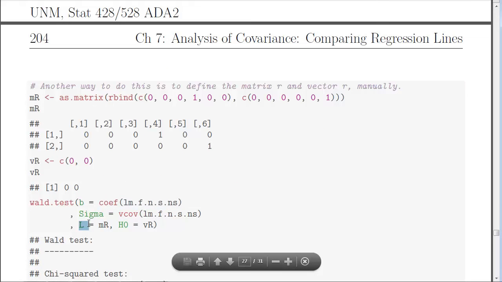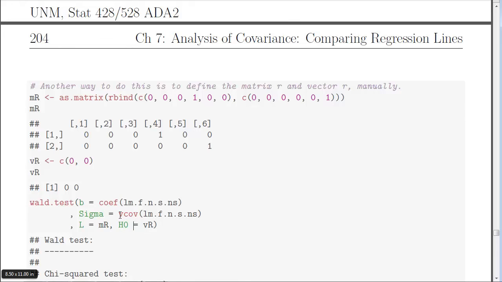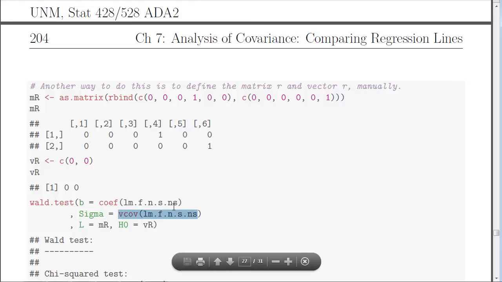So we have the left matrix, MR, so that's this here. And then we have the right vector, which is specified in this case as H0. That's the null hypothesis. And the last part is we need this variance covariance matrix from the coefficients. So you just plug that in from the regression fit. And this is the linear model from the full model.